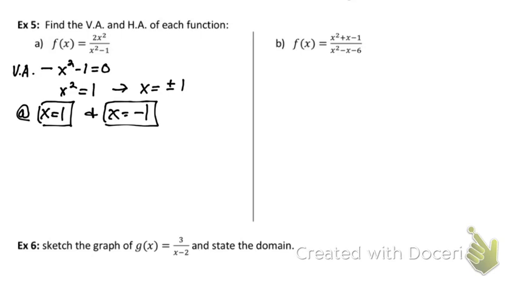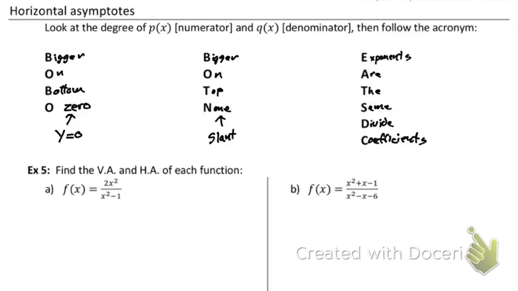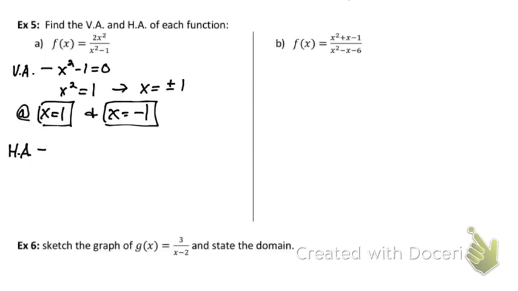Now we're going to do our horizontal asymptote. We are looking at the biggest power in our numerator and the biggest power in our denominator. Biggest power here is 2, and biggest power here is 2. They have the exact same power, so that's the same degree. Exponents are the same, divide your coefficients. So that's going to be our EATS DC.